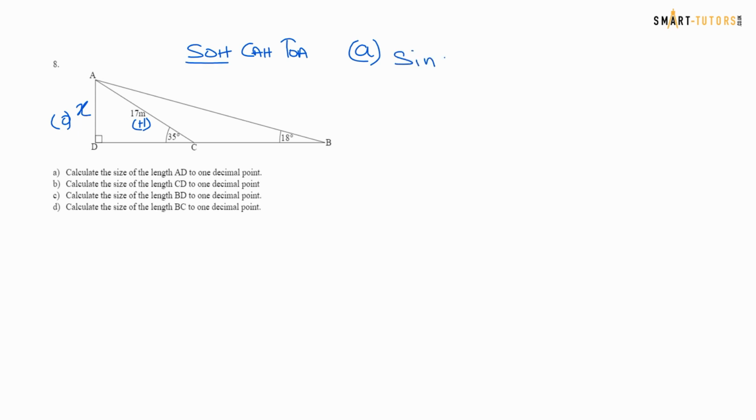So, sine 35, opposite divided by hypotenuse. So, opposite over hypotenuse, opposite is X, hypotenuse is 17. So, sine 35 over 1, so X times 1 is X, equal 17 times sine 35.